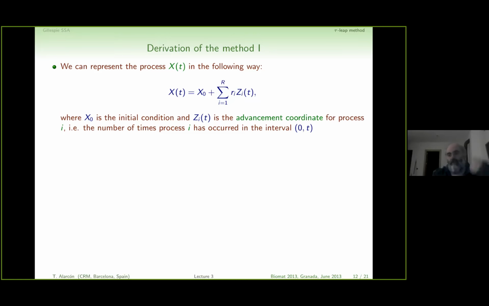Okay, because every time there is a birth event, the size of the system is increased by 1. Plus the number of deaths multiplied by -1. And that would give us the population at time t. Is that clear? Yes. Okay, good.